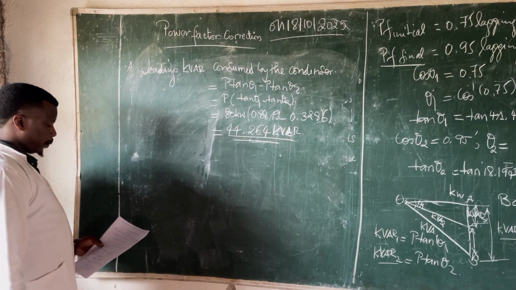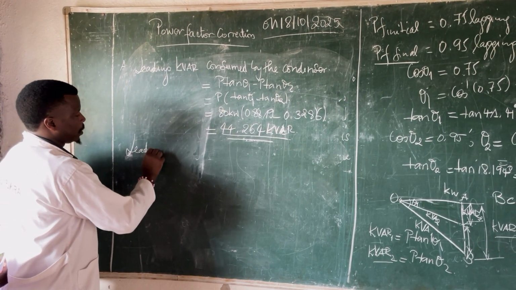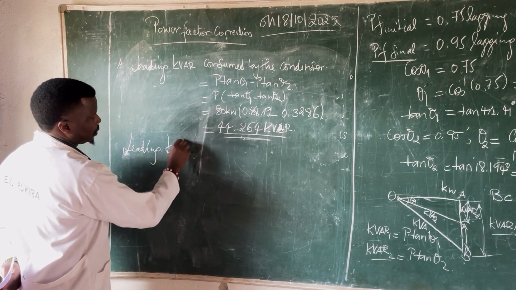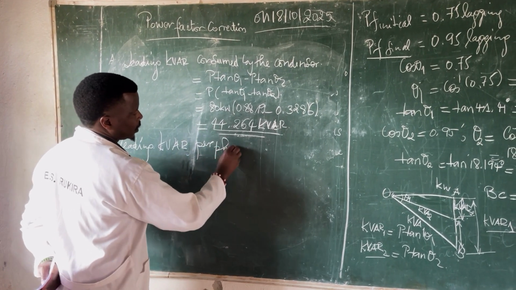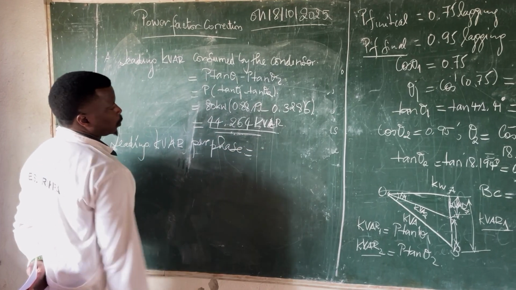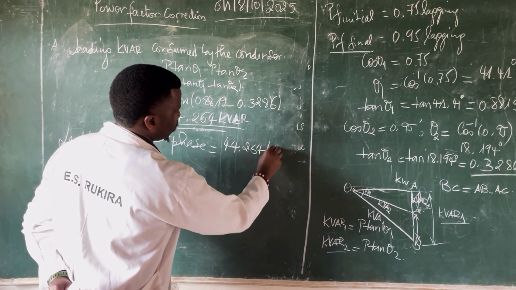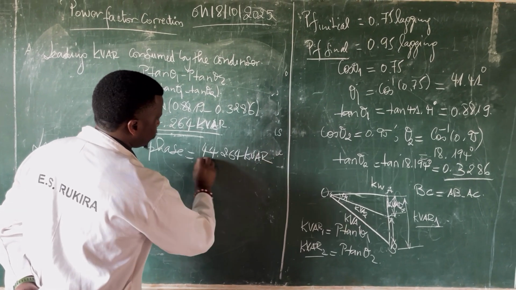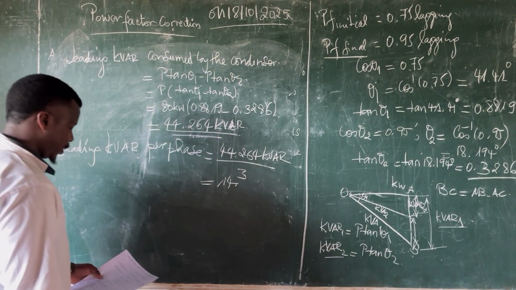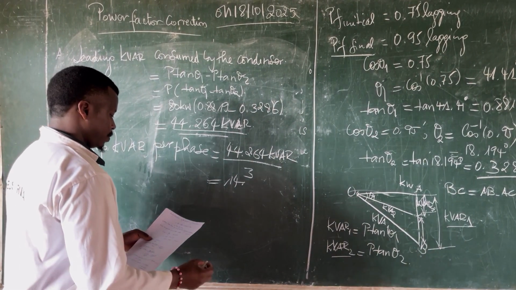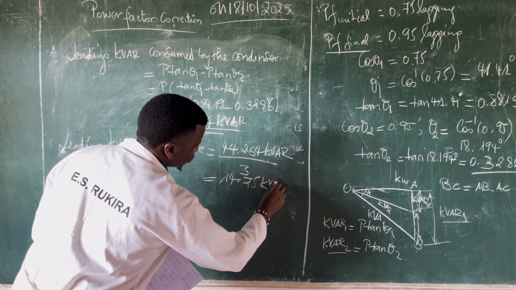Now, we continue reading kVAR per phase will be equal to 44.264 kVAR divided by 3, which will be equal to 14.75 kVAR.